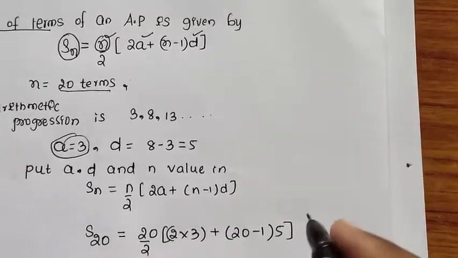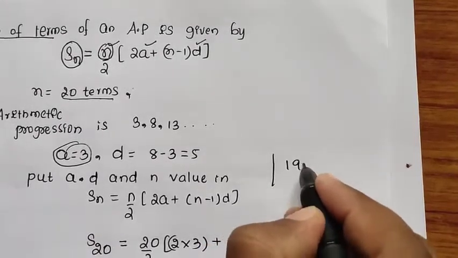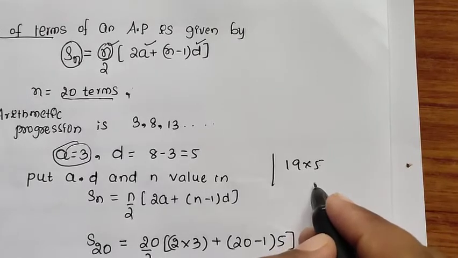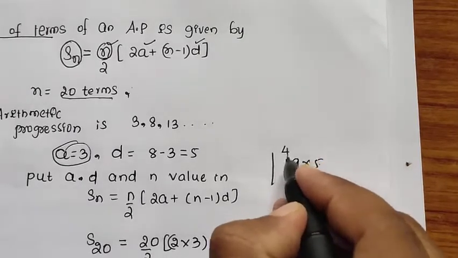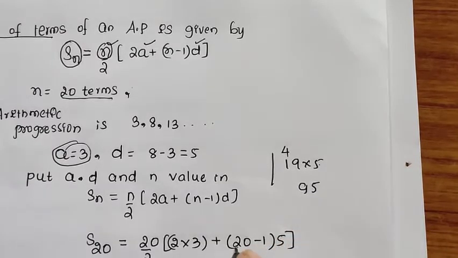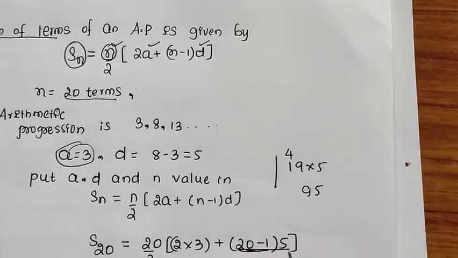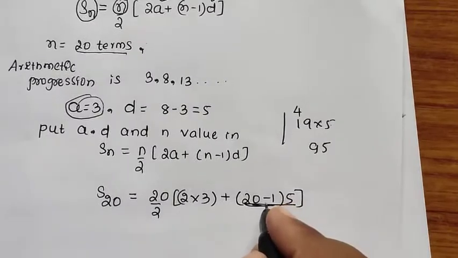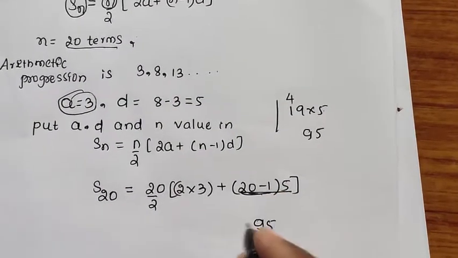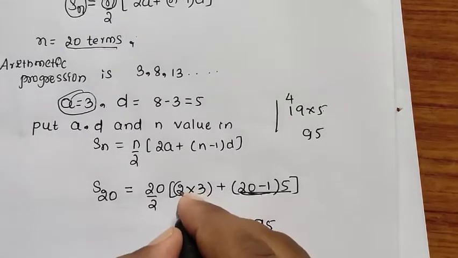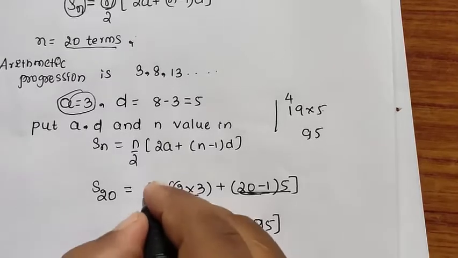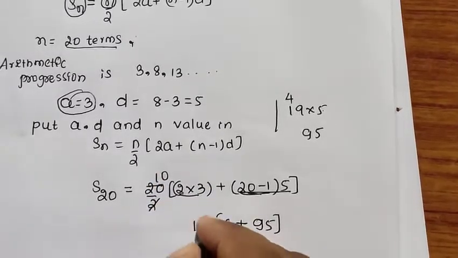So 20 minus 1 is 19. 19 into 5 is how much? 5 nines are 45, 5 fours carry, 5 ones are 5, plus 4 is 95. So this is 95. So write down here 95 plus 2 threes are 6. 95 plus 6 you need to do, and 2 times 10 means we have to multiply this with 10.